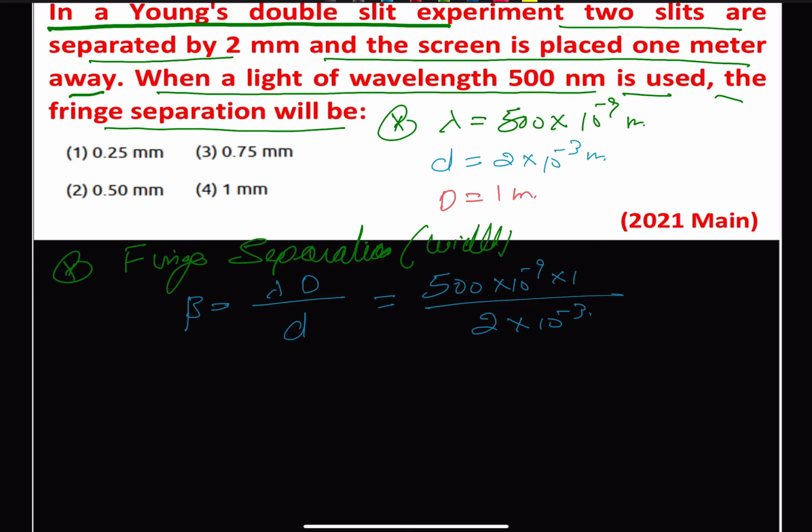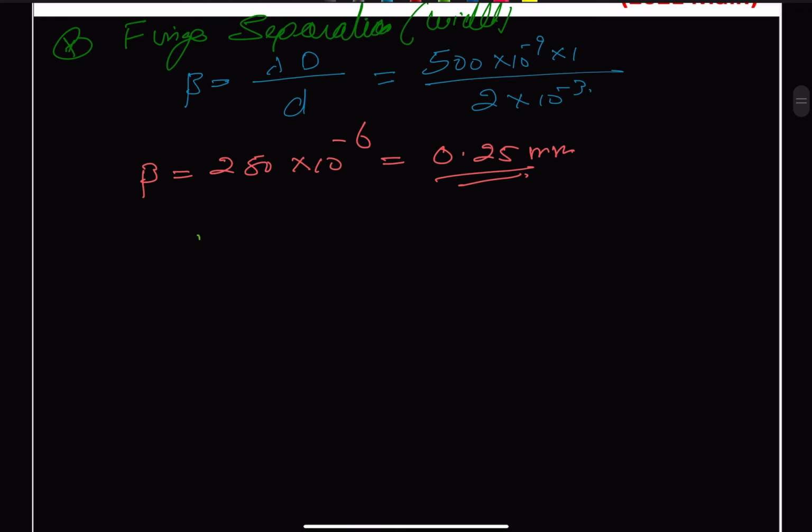We get our beta will be equal to 250 into 10 to the power minus 6, and it can be written as 0.25 millimeter. So option number 1 is correct. Option 1 is correct.